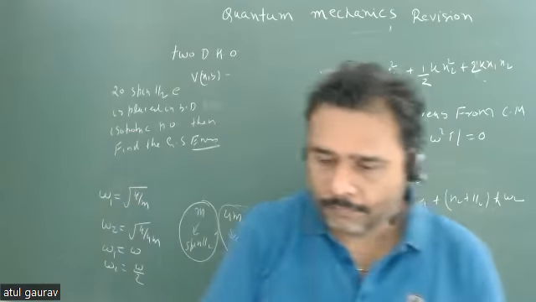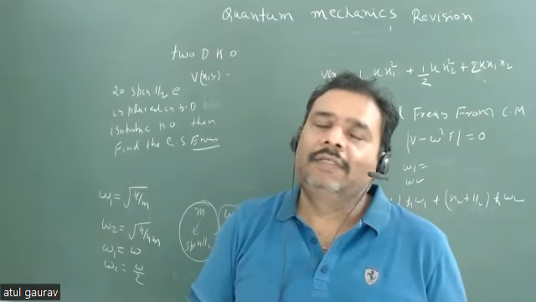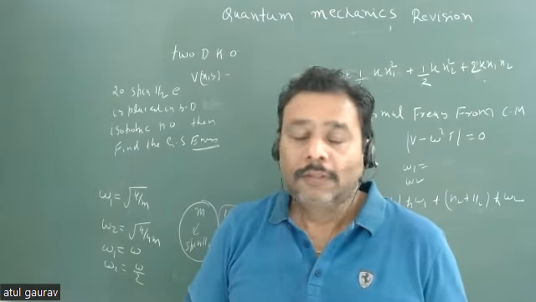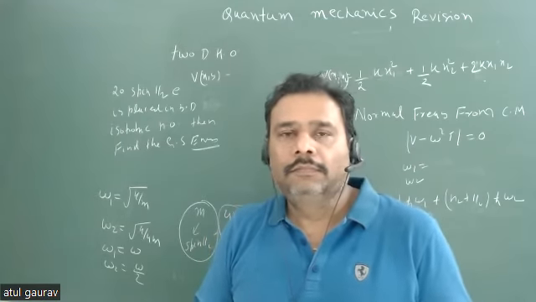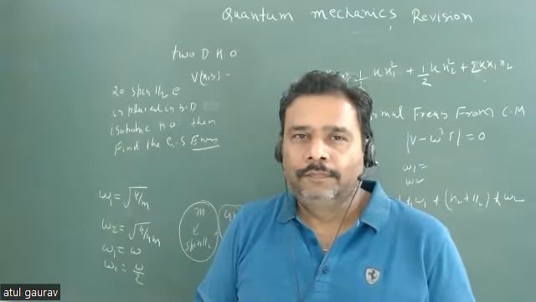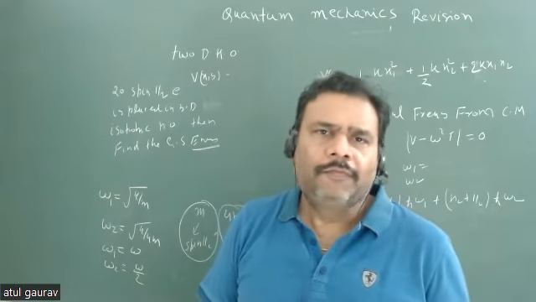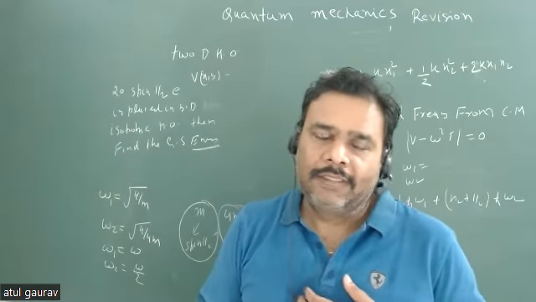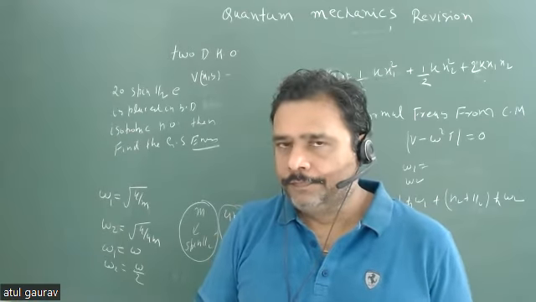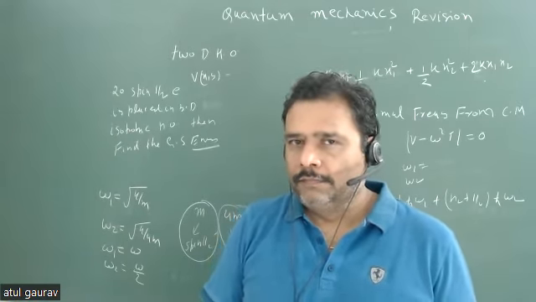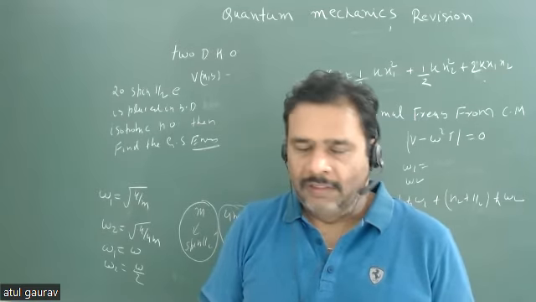So the oscillation will remain in only one direction. Then that energy level, suppose omega 1 comes out to be 0, then you have 2 degrees of freedom. This also happens, in many places the normal frequency is 0, you must have done it in classical mechanics. Are you getting my point?